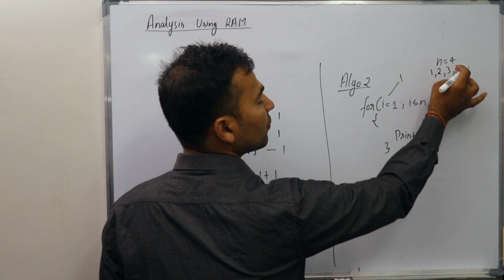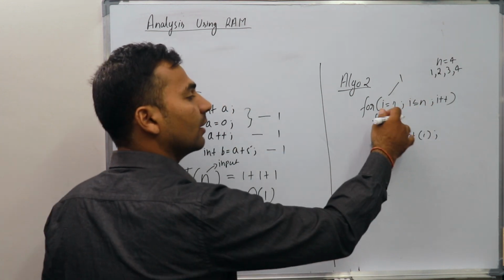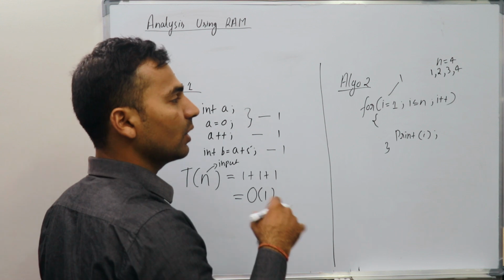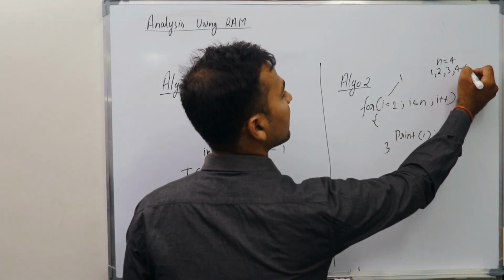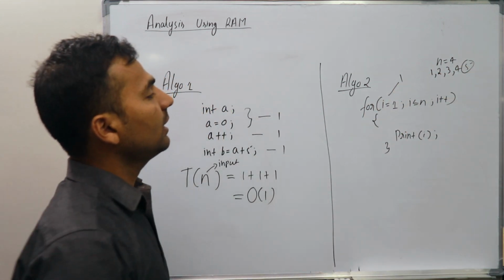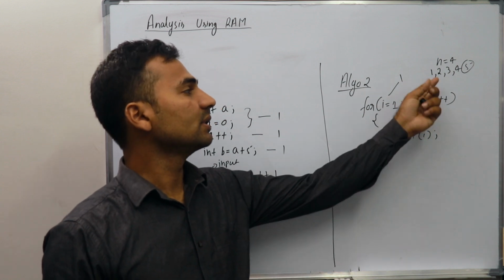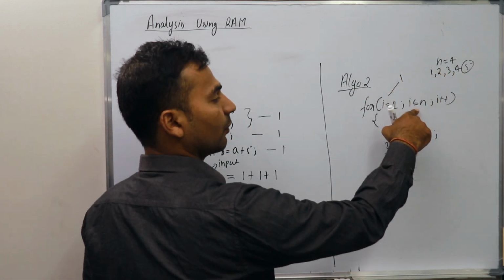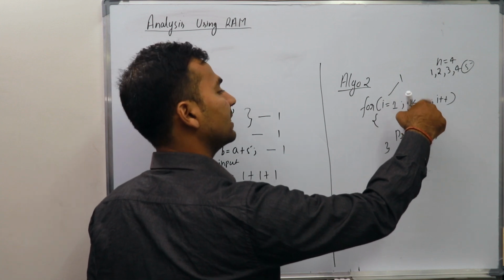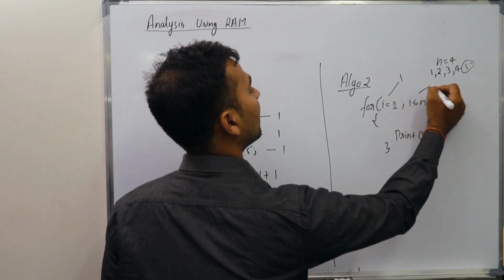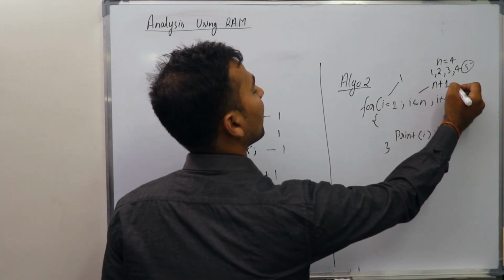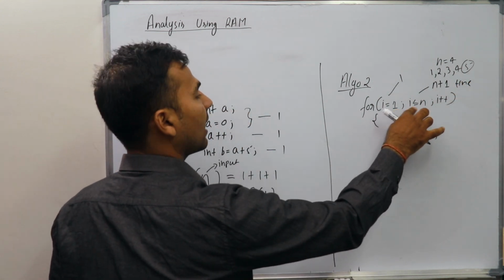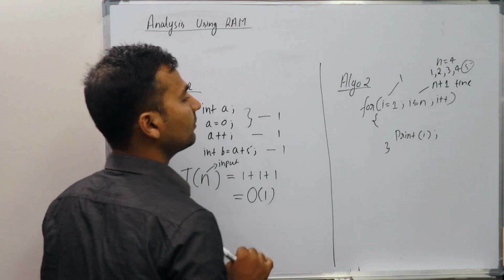When i is 1, 2, 3 and 4, the body of the loop is executed, but once again we have to check for i equal to 5. Then only the loop terminates. Hence we check 5 times when n is 4. But when n is n, then we check how many times? n plus 1 times, because i starts from 1 and i is less than or equal to n.